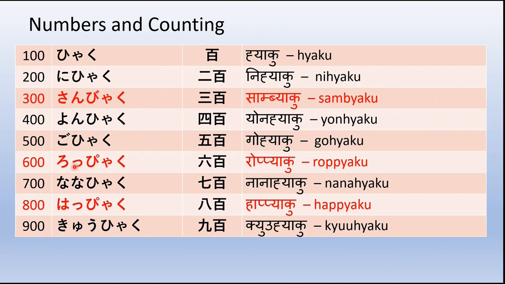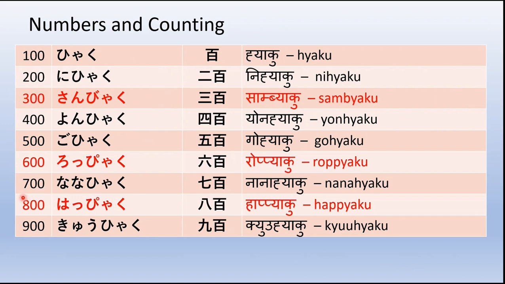So here we use the chisai tsu, or the small tsu, to produce the double consonant, and in this way it becomes ropyaku. So 600 is ropyaku, that is roku plus hyaku, which is ropyaku. And this is the kanji of 600. This is 6 and this is 100. Ropyaku, a very important and noticeable exception.